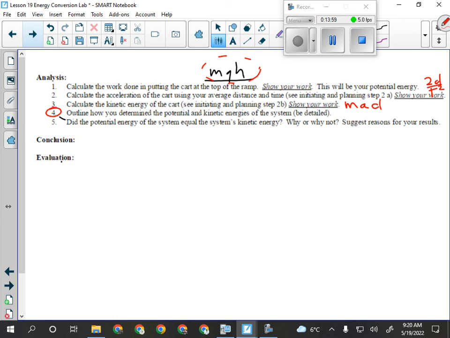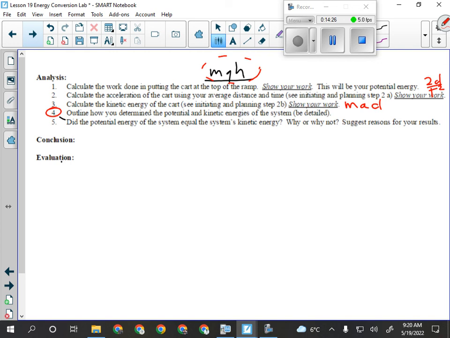If you recall, I was talking earlier about what force is stopping the cart. How are we using that part of the motion to determine what the kinetic energy at the bottom was? How did we determine the energy at the top? What did we do there? Talk about the types of energy. Talk about work. Talk about force and distance and all of that. That's what I'm looking for in question number 4. Don't quote me your math. I can already see your math.